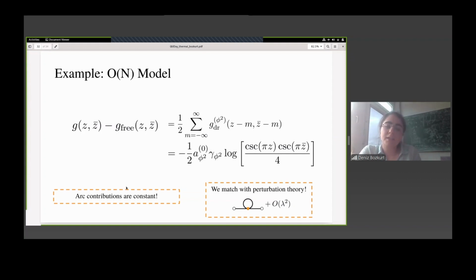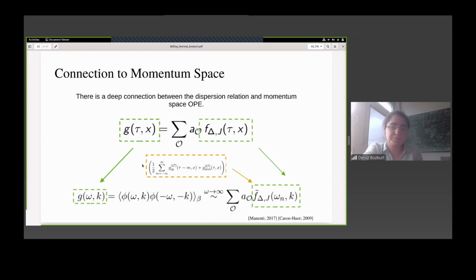Here there's only a constant mismatch between the Feynman integrals and our generalized method of images, which confirms the list of consistency conditions that I was giving you.